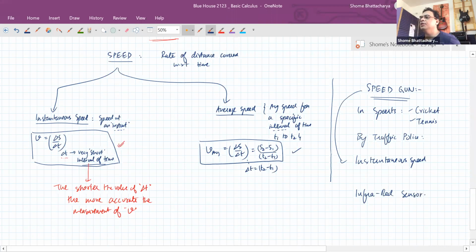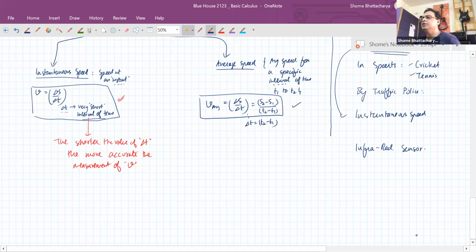Okay, so for example, you want to measure the speed of a ball being bowled in cricket, or you want to measure the speed at which a vehicle is moving on a road. Okay, so let's say this is the road, and on this a particular vehicle is moving like this.